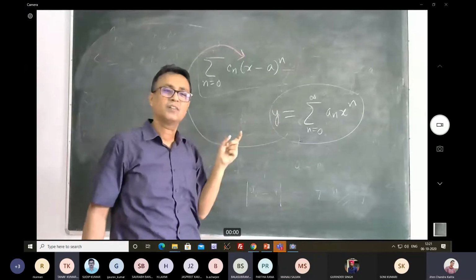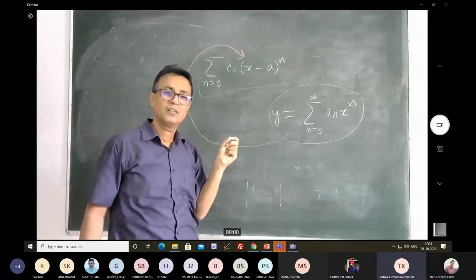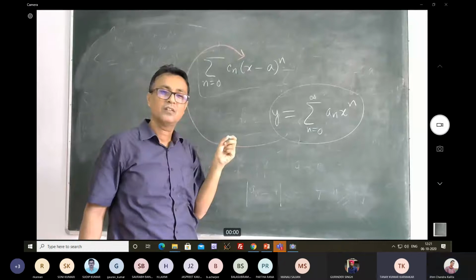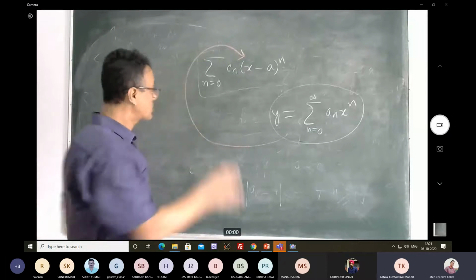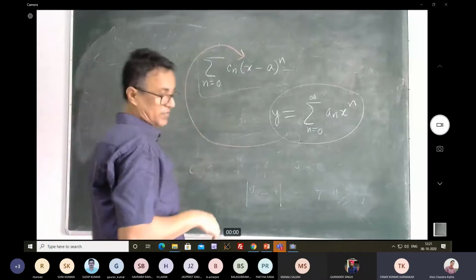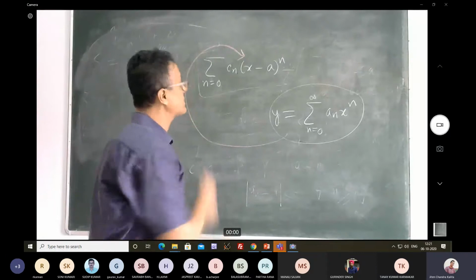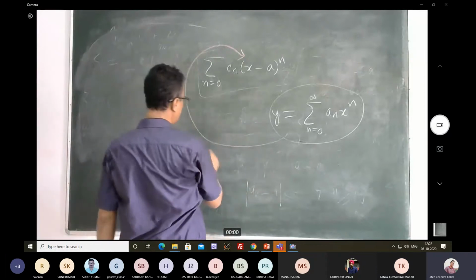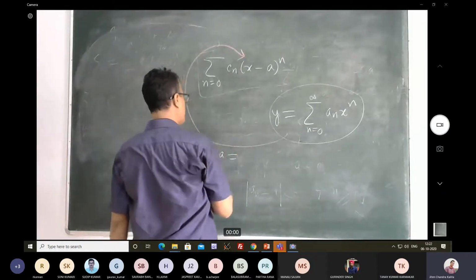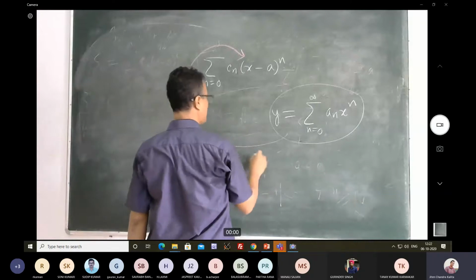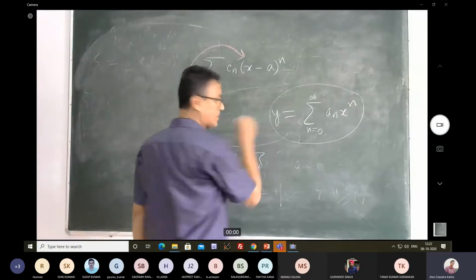Yes. The second one is with respect to the center 0. But the first one is with respect to a. Yes, definitely. So what is happening? Say here, x equal to 0, I may plug in to be something like j, say, right?